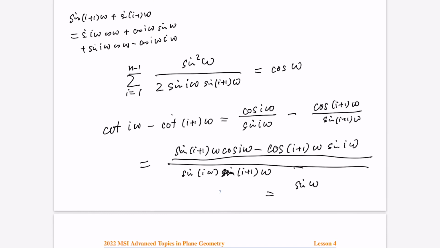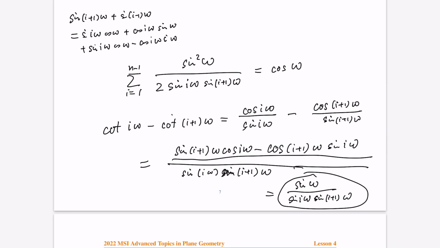So that's what you get. So now we are done, because essentially I write this as a subtraction of two terms, and if I do the summation, they cancel out, right?